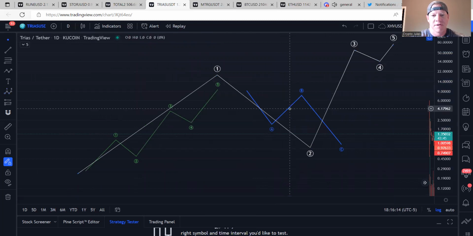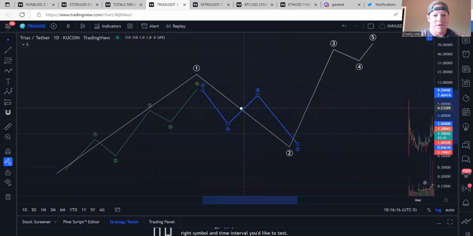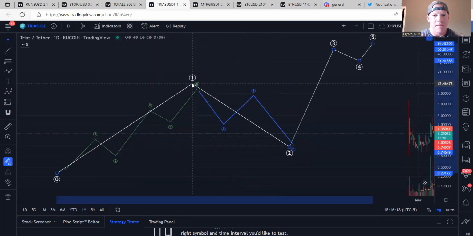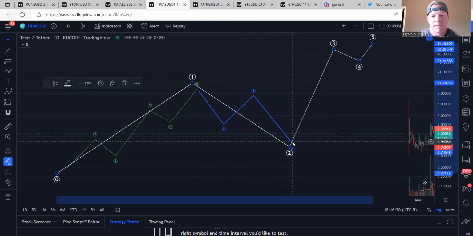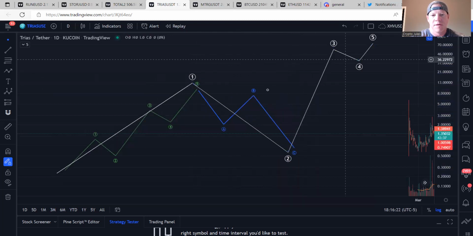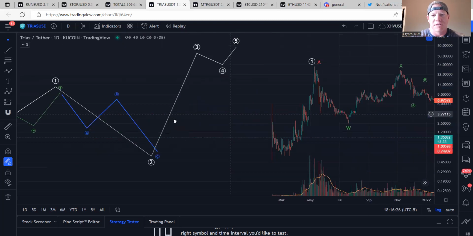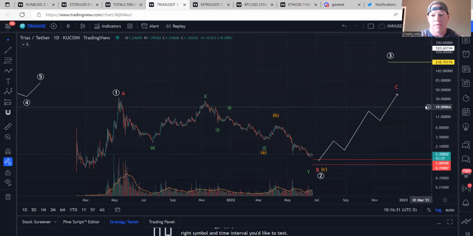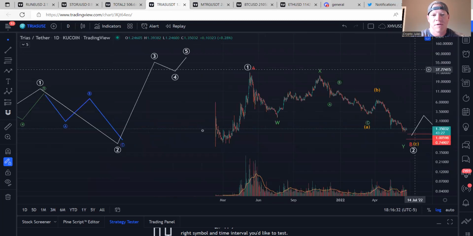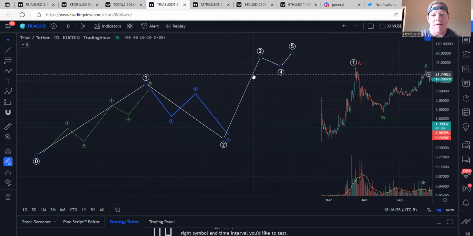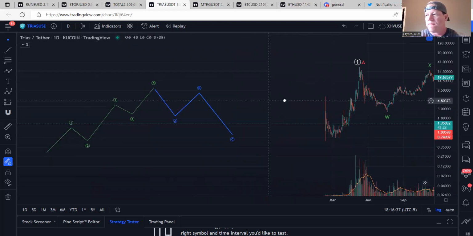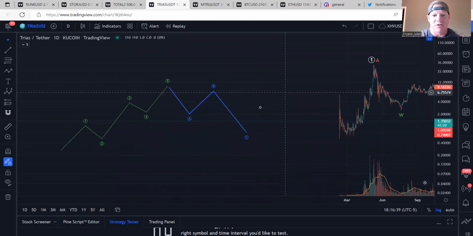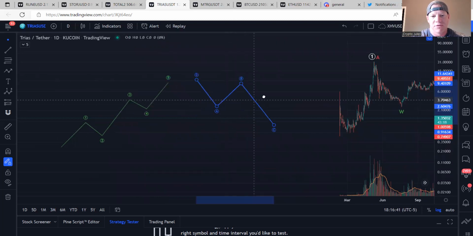As such, that would be your 1, your 2, and then you would have a 3, a 4, and a 5 wave, which is exactly what we have got here with the 5-wave structure. Or it is possible that this entire structure is simply just a correction.